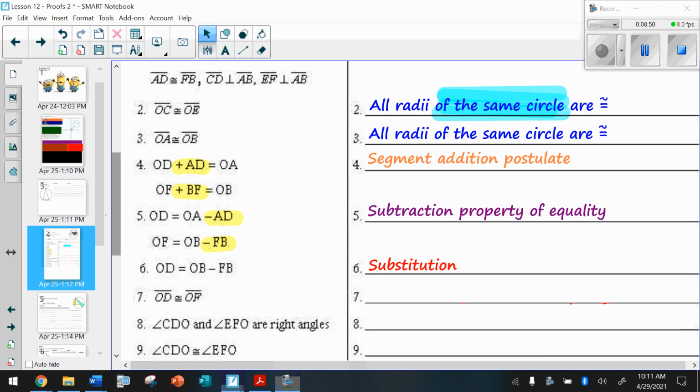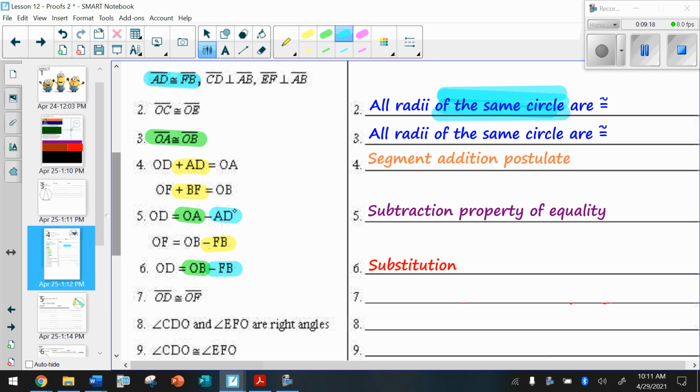So the substitution is coming from the givens, where AD is congruent to FB. So then AD turns into FB. And then since OA is congruent to OB, the OA turns into the OB. All right.